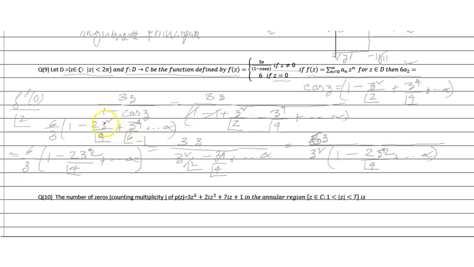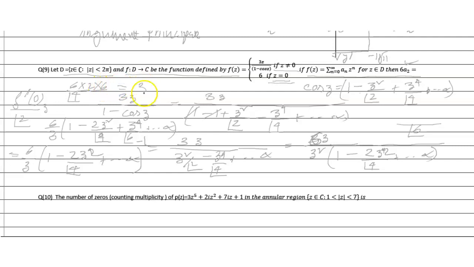So this value will become, f double dash means coefficient of z. Another factor: when z equals 0, I get the coefficient, and this value is also 6.